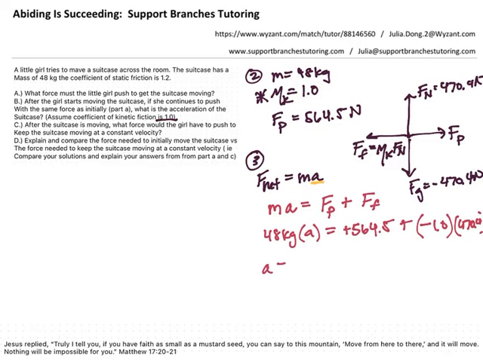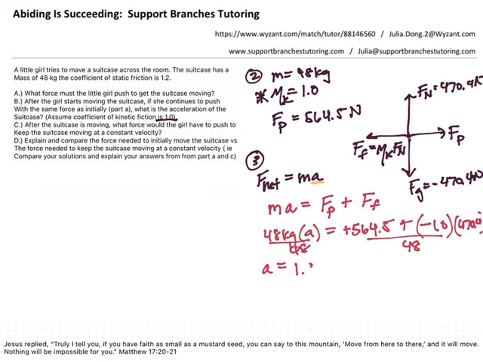So if we solve for A, all we need to do is divide by our 48 here. We're going to get 564.5 minus 1 times 470.4, and then all of that divided by 48.